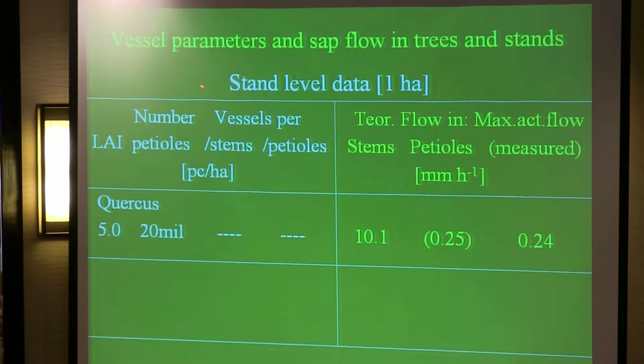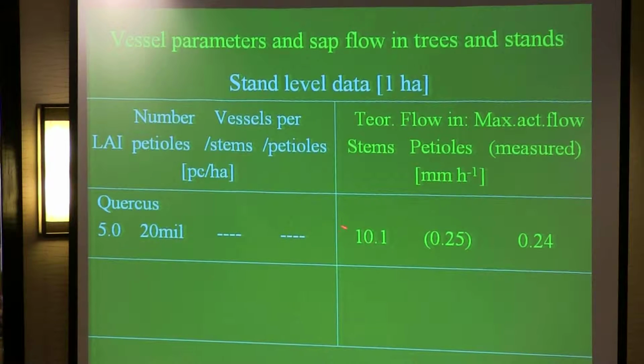So this is just on the stand level, when we calculated that this oak has a leaf area index of about 5. That means 20 million leaves per hectare. And this was a theoretical flow in the stems and theoretical flow in petioles in millimeters per hour. And this is the maximum measured flow.